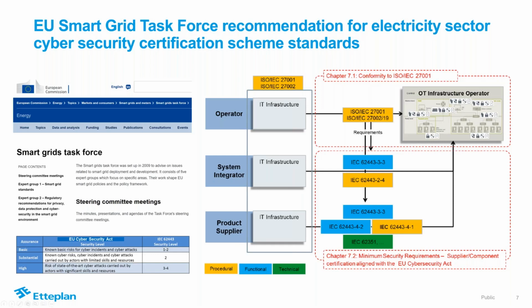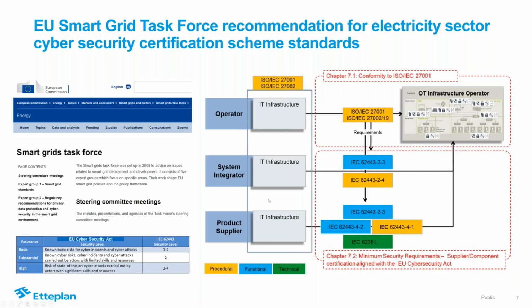And they concluded that the EU Cybersecurity Act assurance levels are well in line with the IEC 62443 standard security levels. That was a very interesting finding. Jarmo will later on go into detail about the security levels.